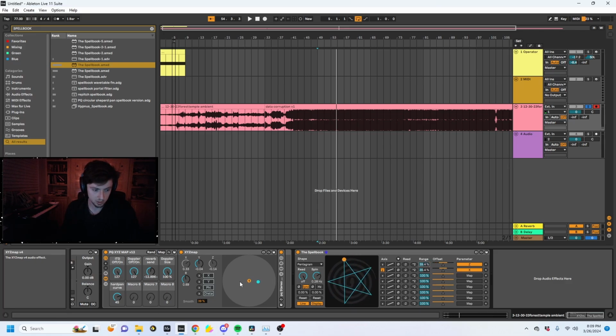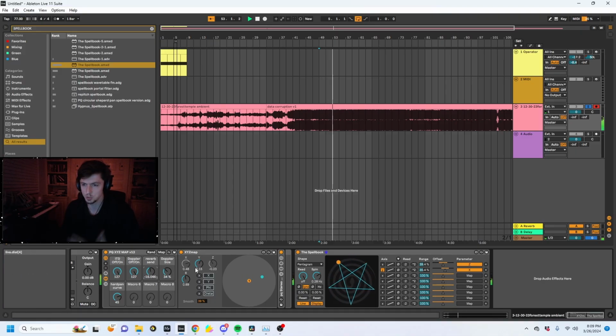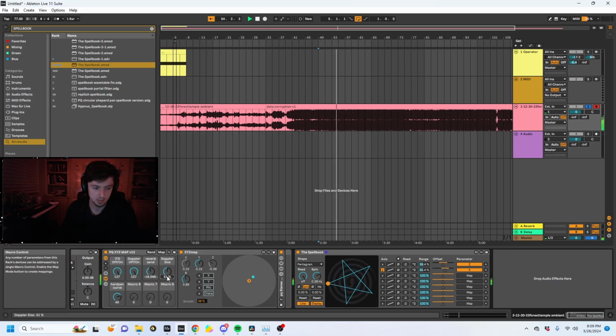And now it's going to be moving in a circle. Pretty cool. And then if I make it so that the x-axis is off-center, you get really cool depth of the sound that you can't normally get, especially with that Doppler shift added for when it's sweeping by your face, right?